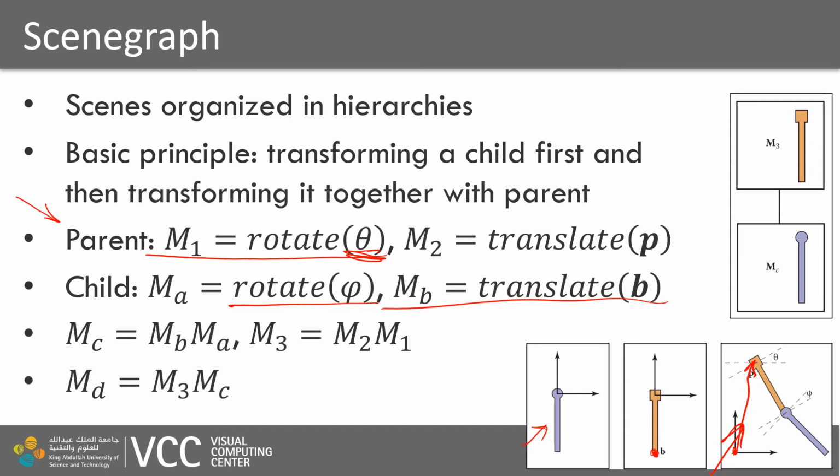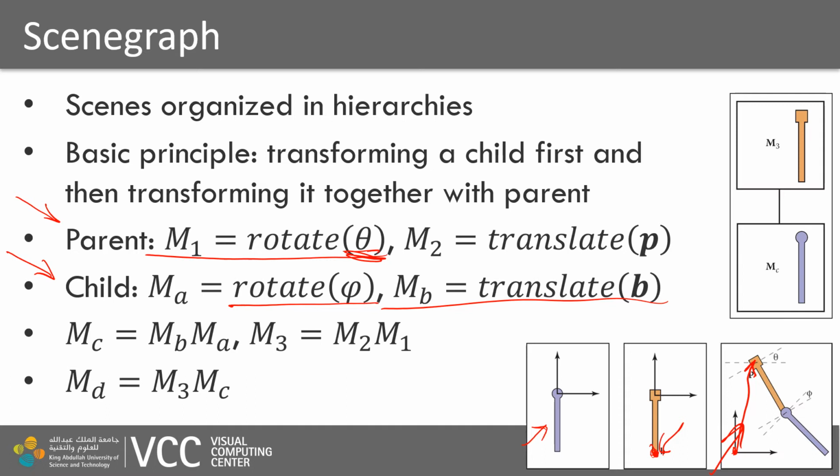And in order to have these two parts of the pendulum connected, we can see that if we perform first the child transform, we rotate it slightly by phi and translate it, we will get it slightly rotated into the position B. So it will be connected with our upper part of the pendulum.